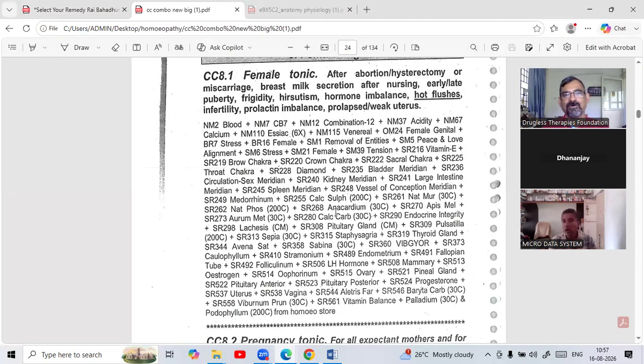The CC combo is addressing all the female complaints. Any number like 3.1 is called a heart tonic, 4.1 is a digestive tonic, 5.1 is an ear tonic, 6.1 is a different one, 7.1 is the eye tonic, and 8.1 is called the female tonic.